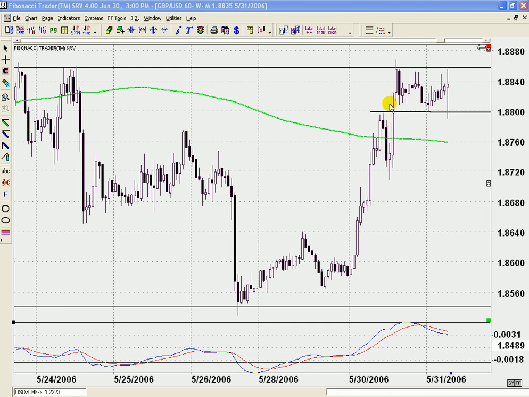It bounces up, moves into a new range, makes an attempt to take a new high here after an extensive rally of 300 pips, quite a large rally.